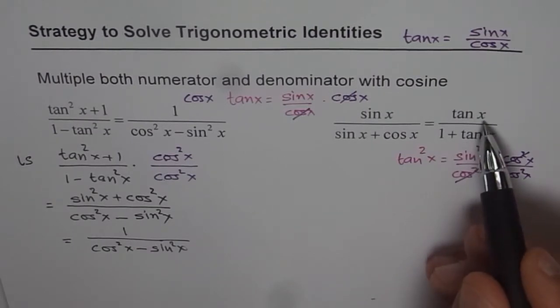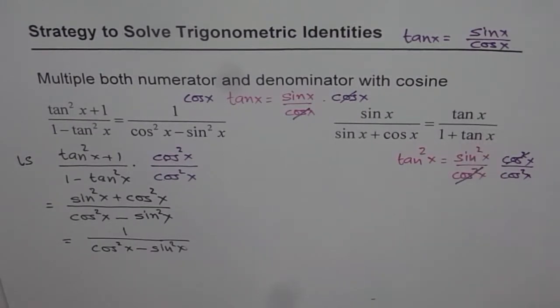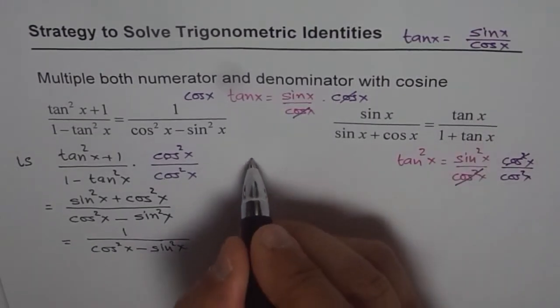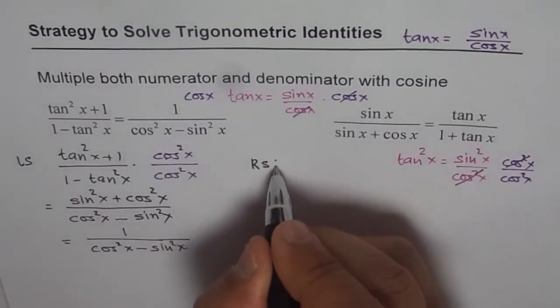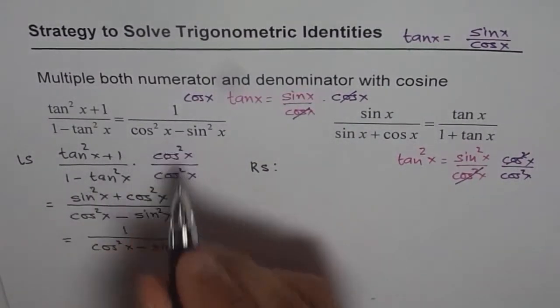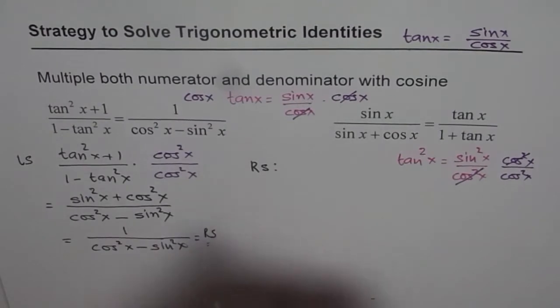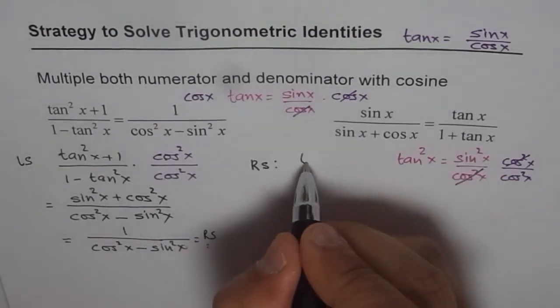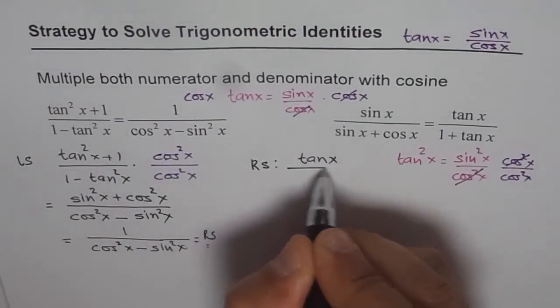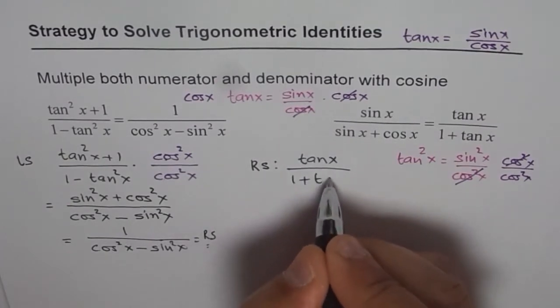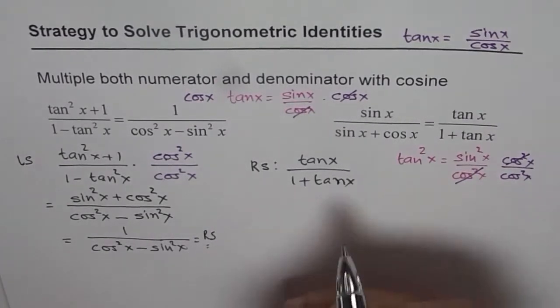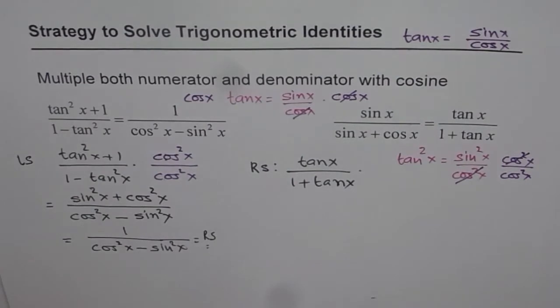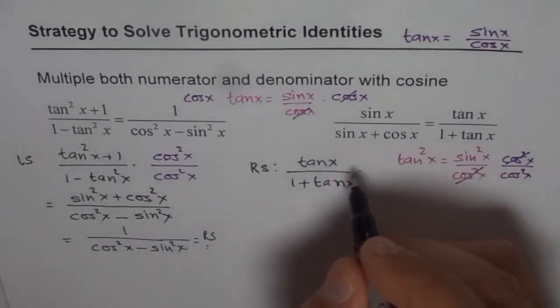We'll apply the same strategy here, and this time we'll start with the right side. The right side in this case is tan x over 1 plus tan x, correct? Now what should I do? In this case I should multiply by cos x.